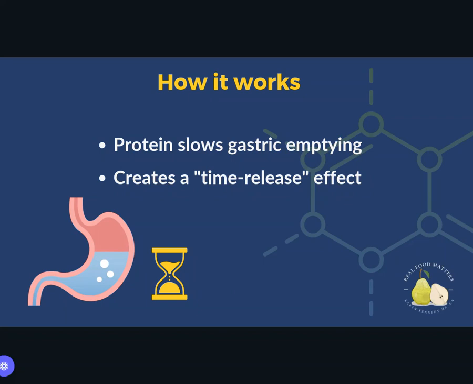So when you eat protein, your body secretes a hormone that tells your stomach, hold on to that food longer, keep that food in there. And so the stomach holds on to it and just releases it down to the small intestine, where you absorb your food, a little more slowly, just giving it more of a time release effect, flattening that glucose curve.